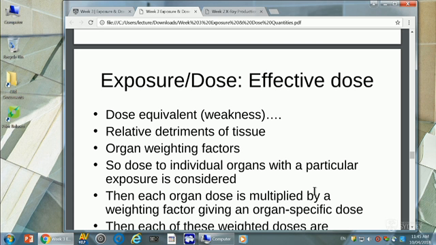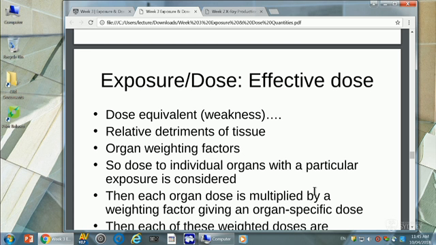So what effective dose does, it takes into consideration the radiosensitivity of the organs that you are irradiating.